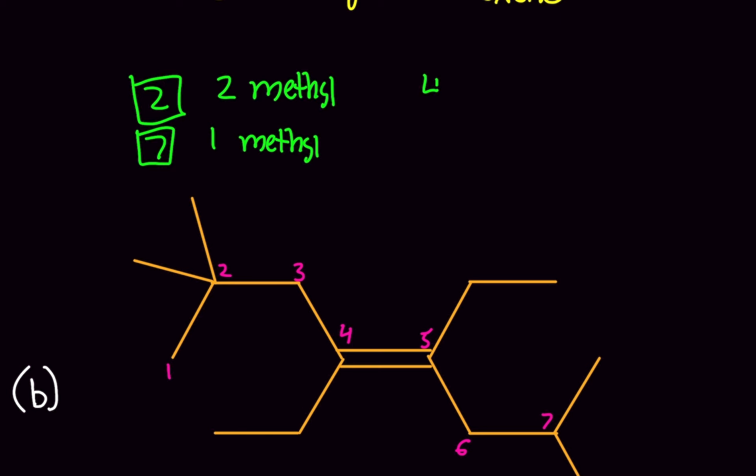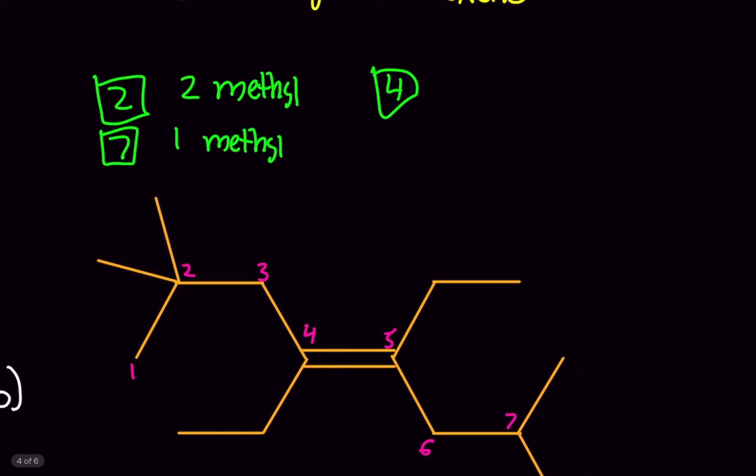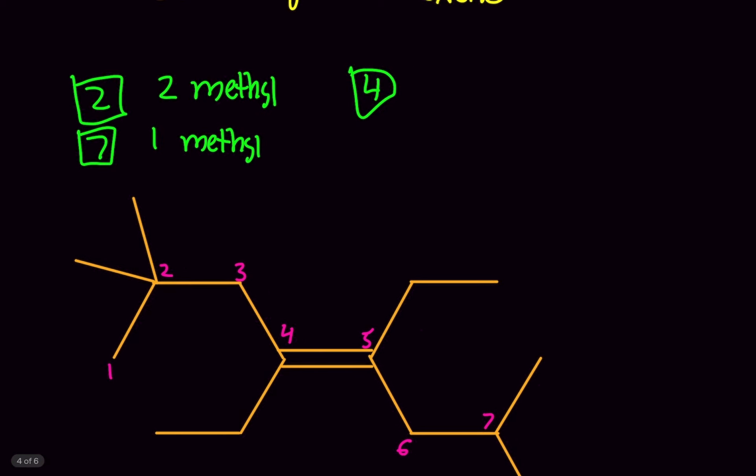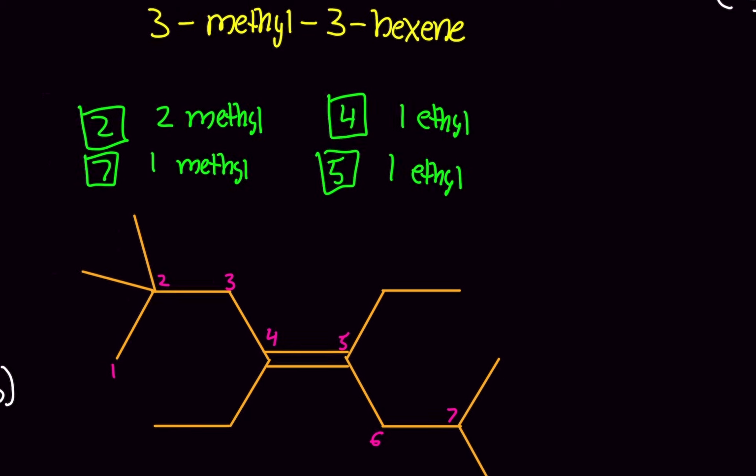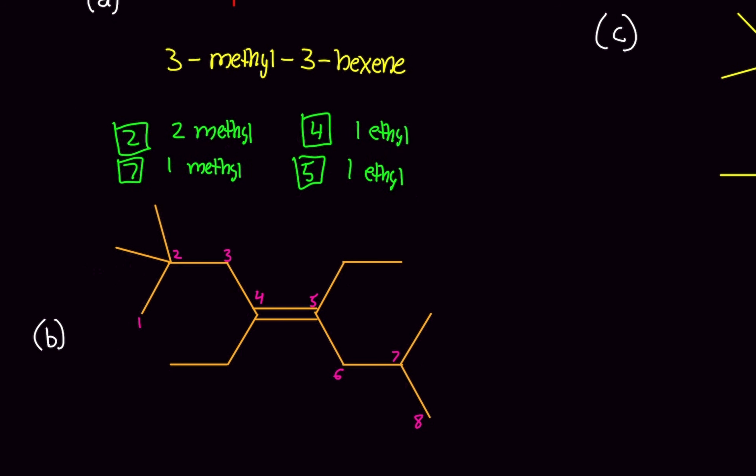On carbon 4, we have an ethyl group, 1 ethyl. On carbon 5, we have 1 ethyl. And then our alkene will be on carbon 4. And that looks like it's it.